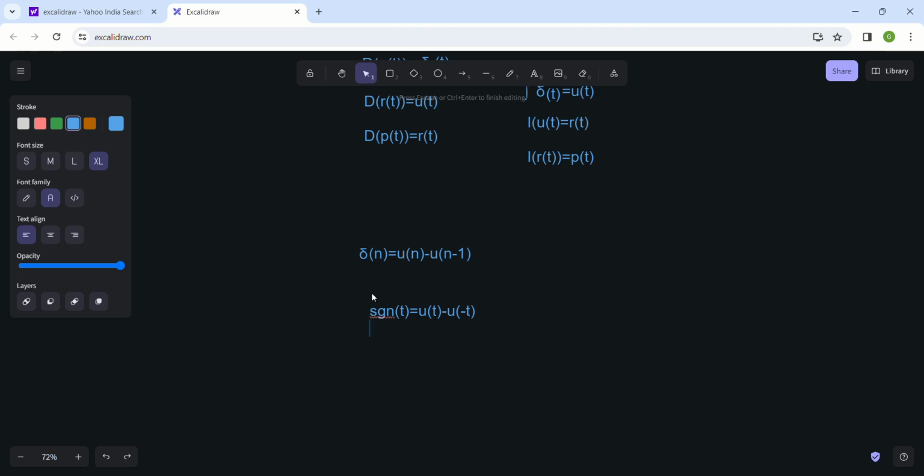Already you know the signum function graph, u of t you know, u of minus t you know. It can be written in other form as 2u of t minus 1.